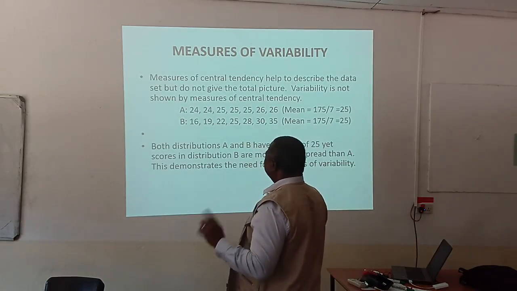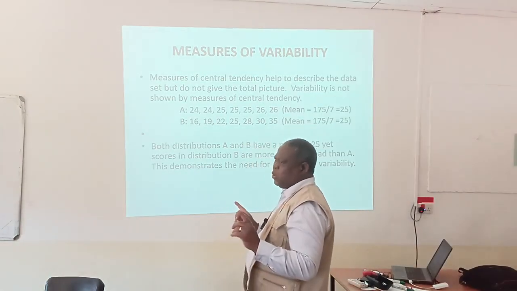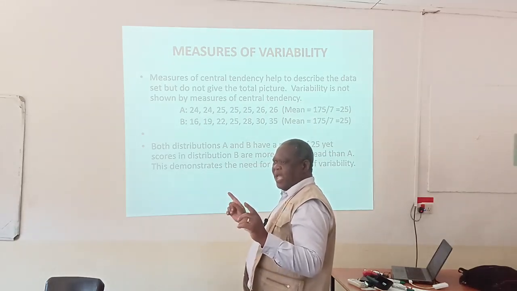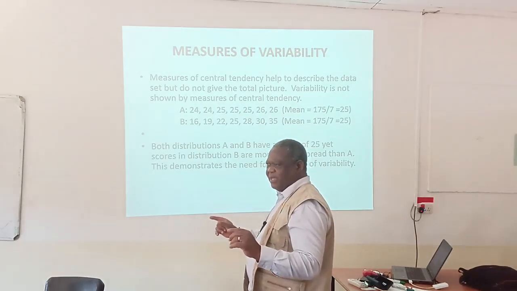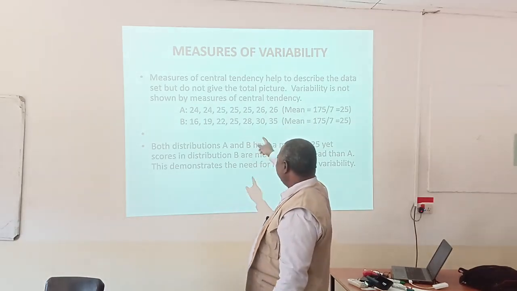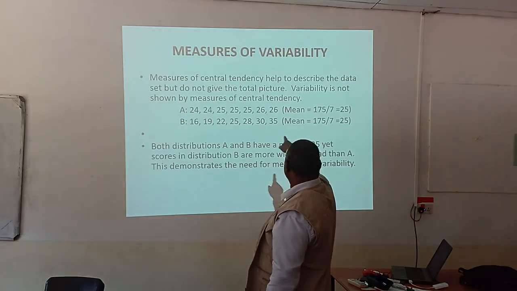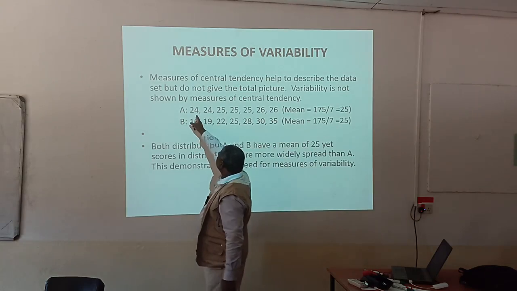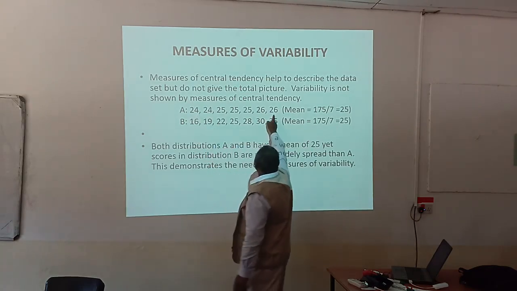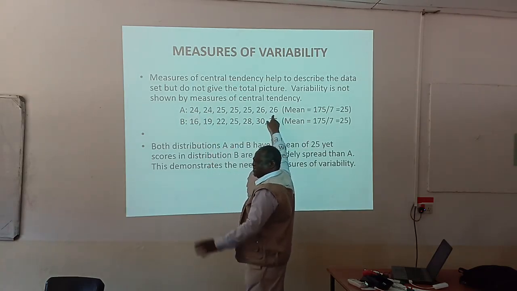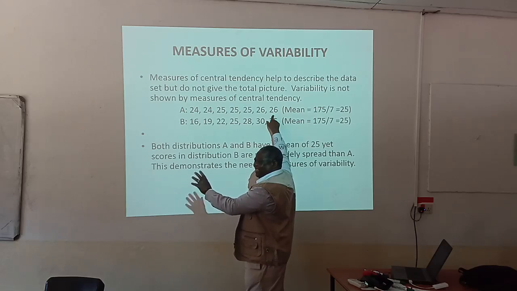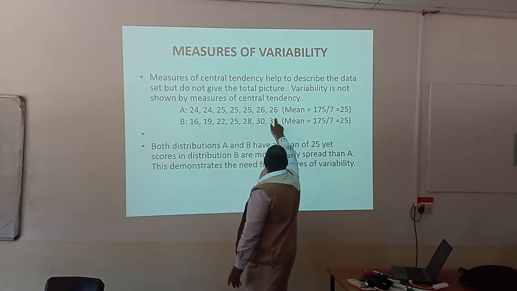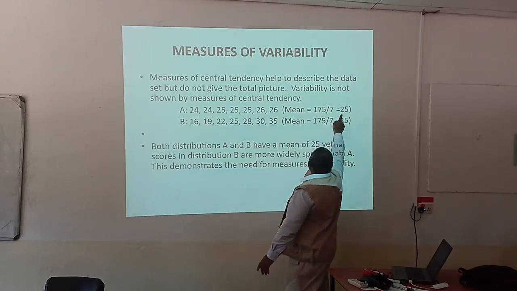So the measures of central tendency do not help you to assess the variability in the scores. In distribution A, for example, the lowest has gotten 24, the highest has gotten 26. So the scores are ranging within 2%. But if you compute the mean, you get 25.